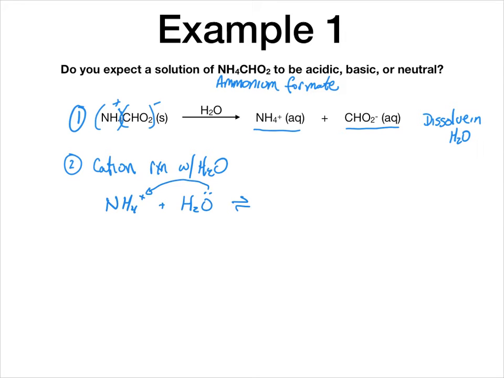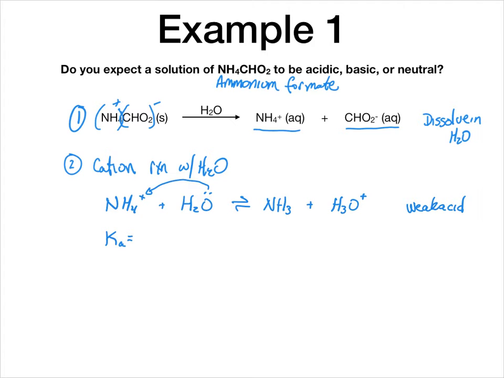So base takes the proton, leaving us with NH3 plus H3O plus. This is a weak acid reaction, and so it has a Ka value.